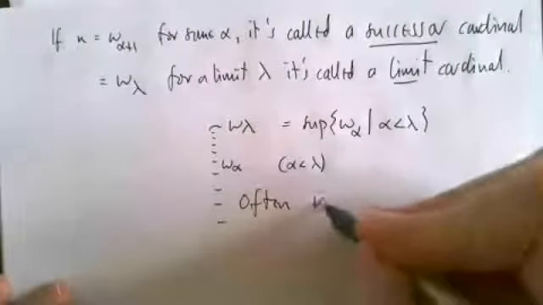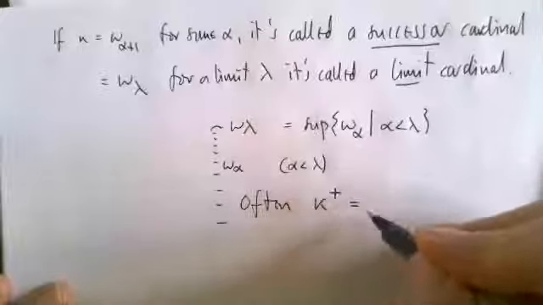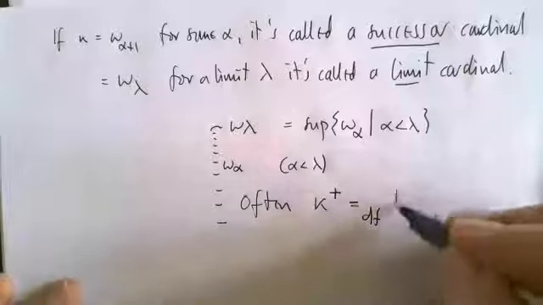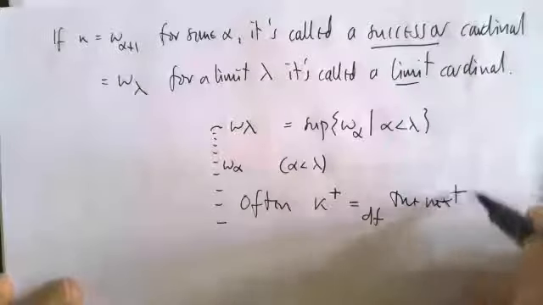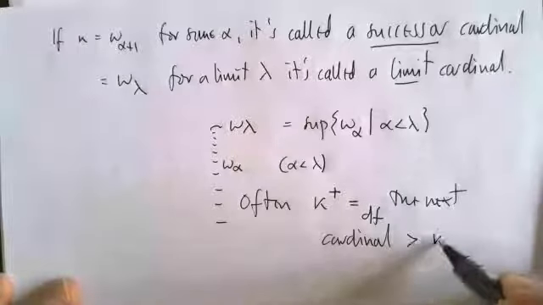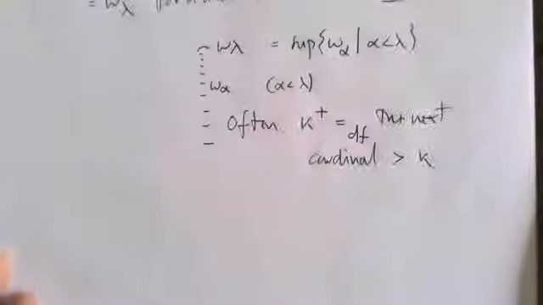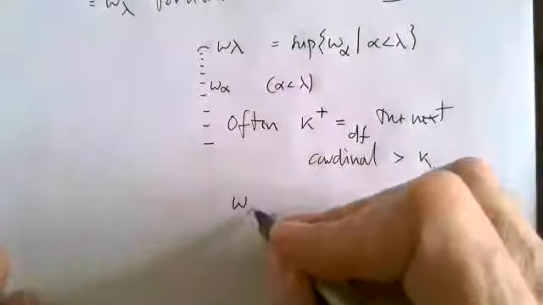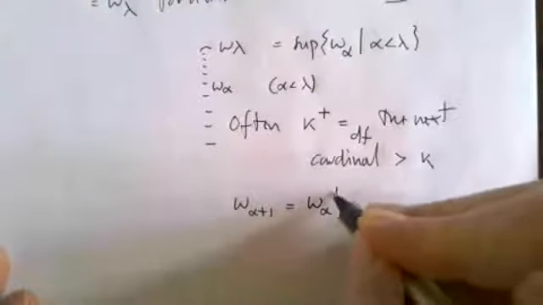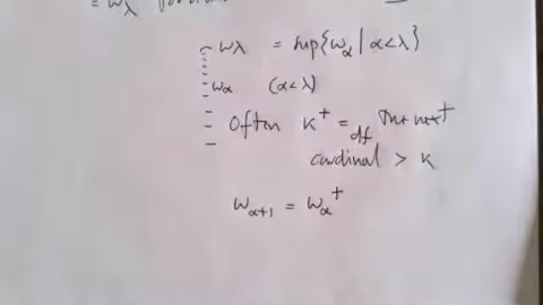So often kappa plus means the next cardinal after kappa. In this notation, omega alpha plus 1 is the next cardinal after omega alpha. That means go up plus 1 here.